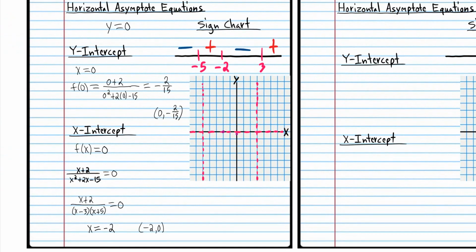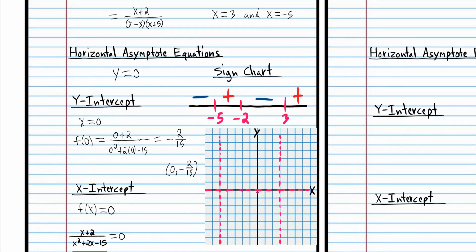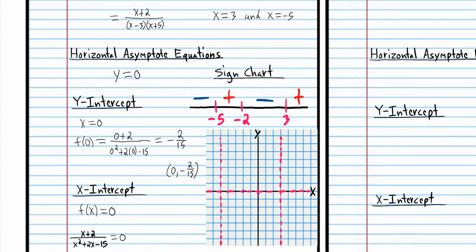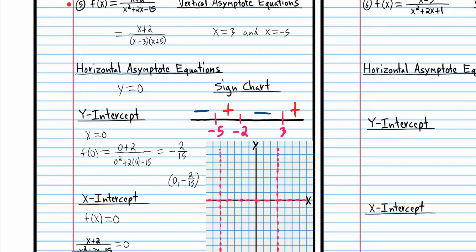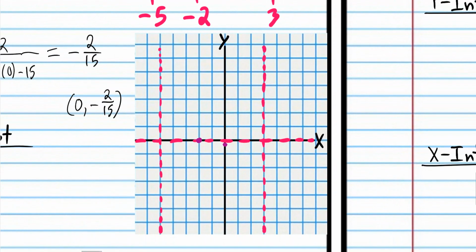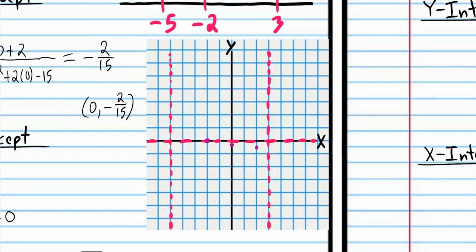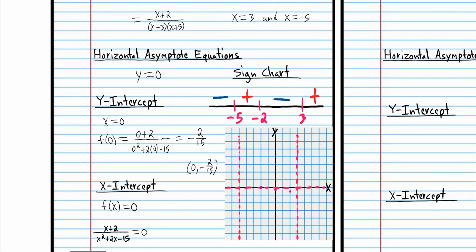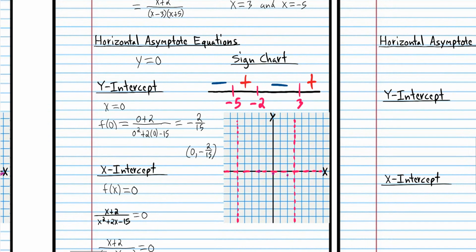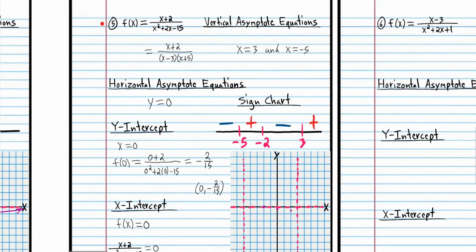So let's find some additional points. Let's try plugging in x is equal to 2. Then we get, looks like -4/7. So that would be about here. And let's try plugging in -4.